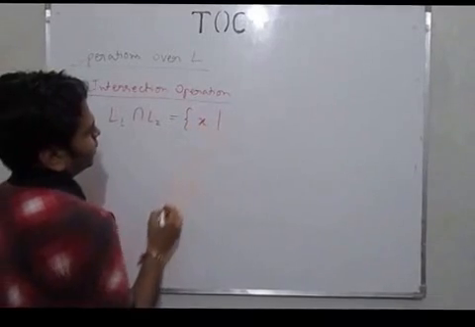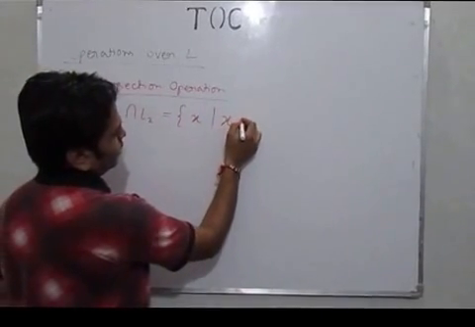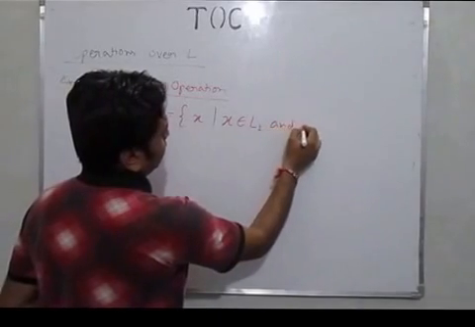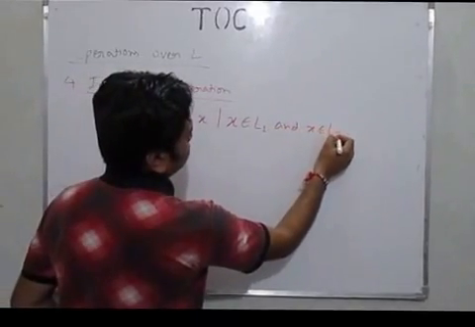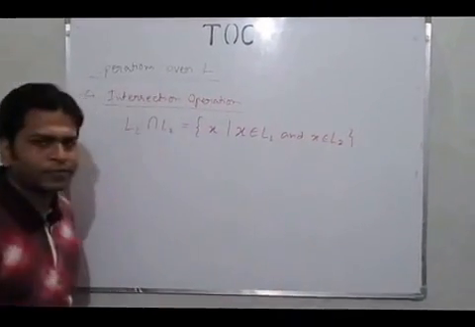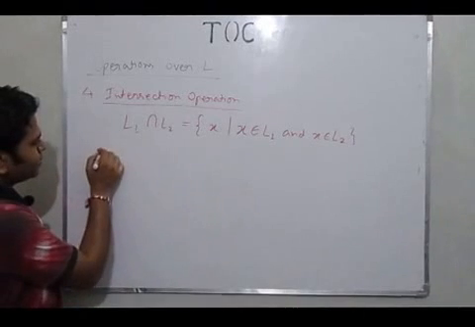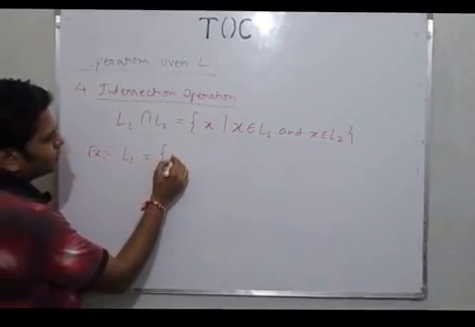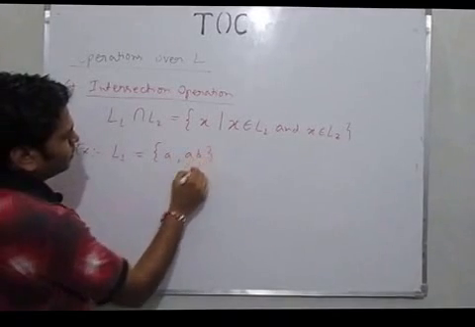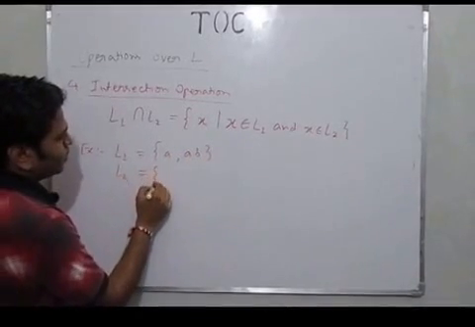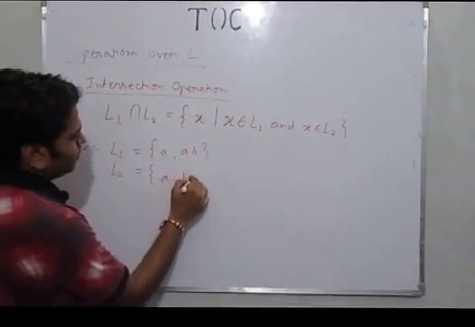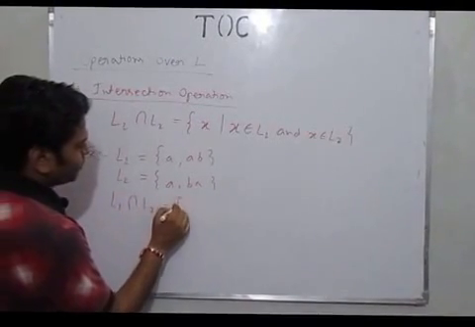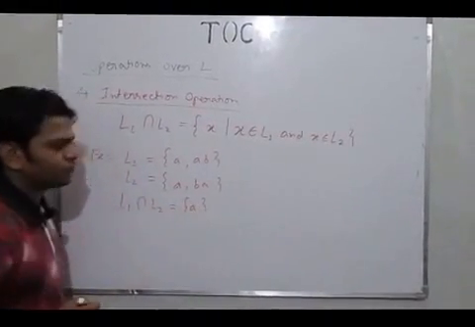We have x belongs to L1 and x belongs to L2. Fine. So let us understand this with an example. L1 is A, AB, and L2 is A, B. So the intersection would be A. Fine.